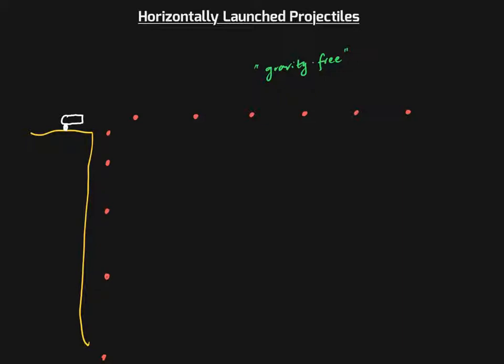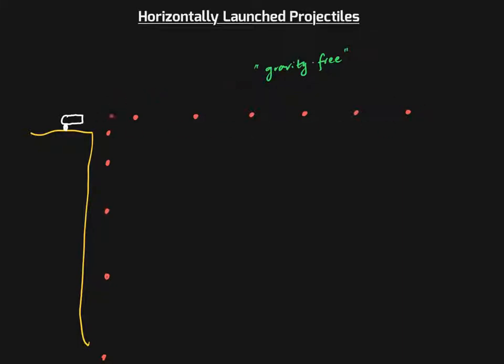So at 1 second, our cannonball is here. At 2 seconds, the distance increased to here. At 3 seconds, our distance has increased. At 4 seconds, our distance has increased. And at 5 seconds, our distance has increased.